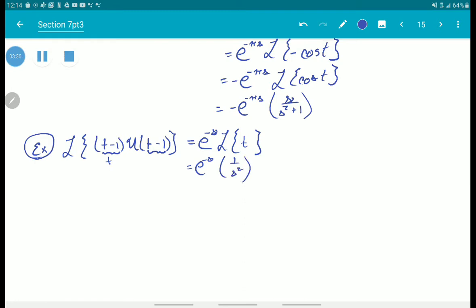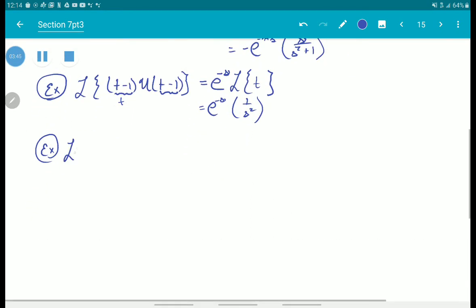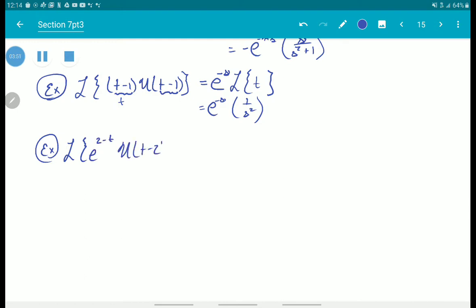You really have to pay attention to how these are set up. It's a little tricky. Let's do another one. So notice that exponent is really similar to what we have here. If we were to factor a negative out, it would be identical.